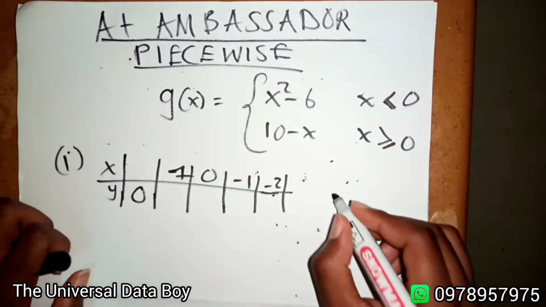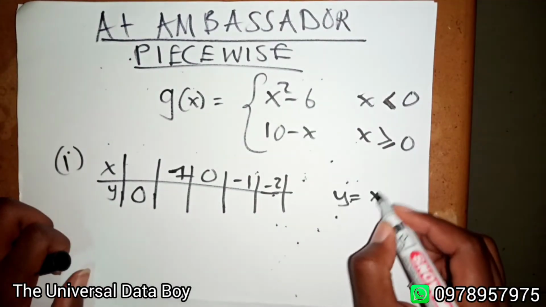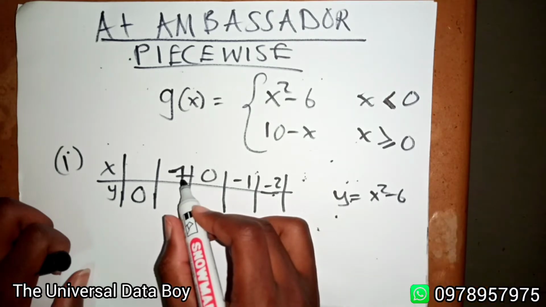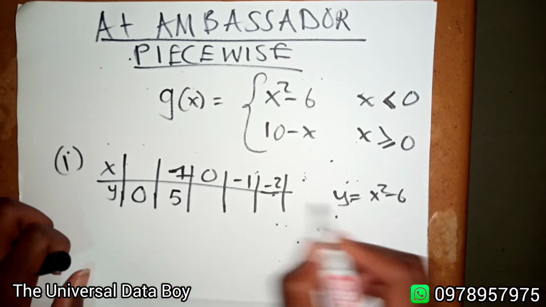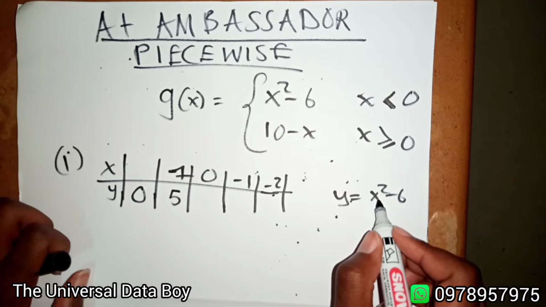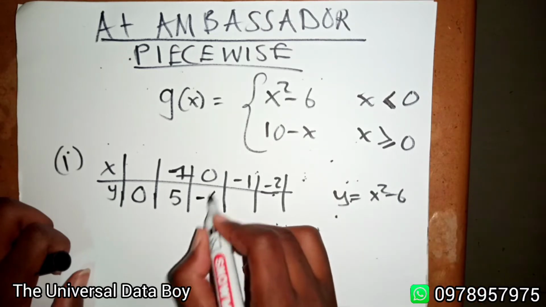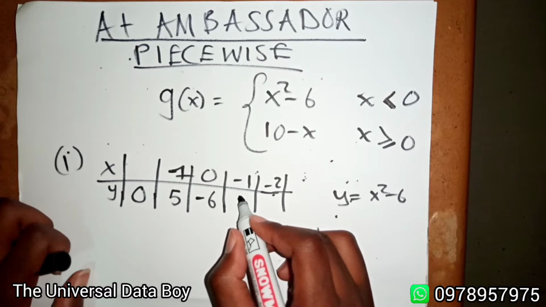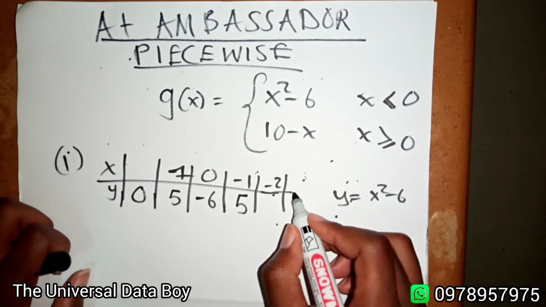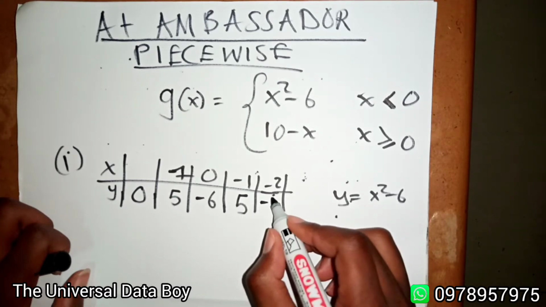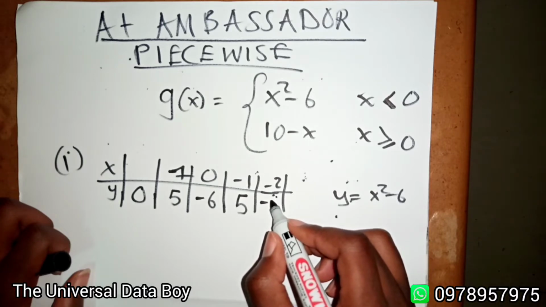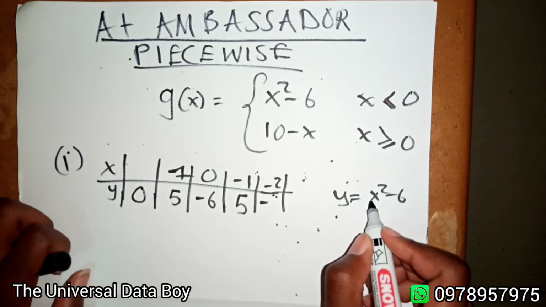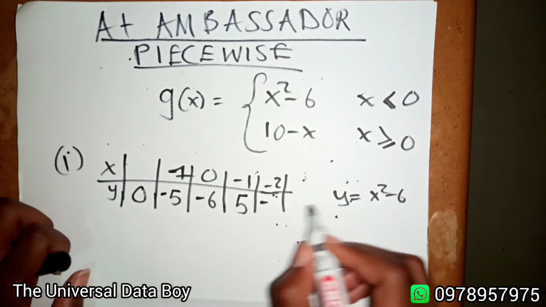When x is equal to 0, since y is equal to x squared minus 6, when x is 1, y is 5. When x is 0, y is -6. When x is -1, y is still 5. When x is -2, y is... when x is 1, y is -5.